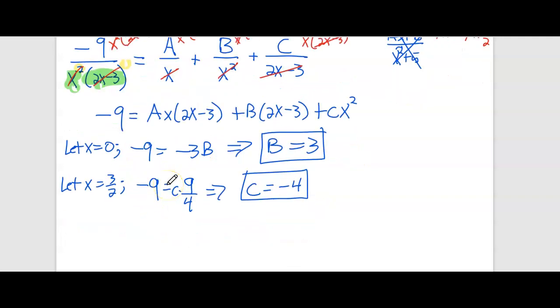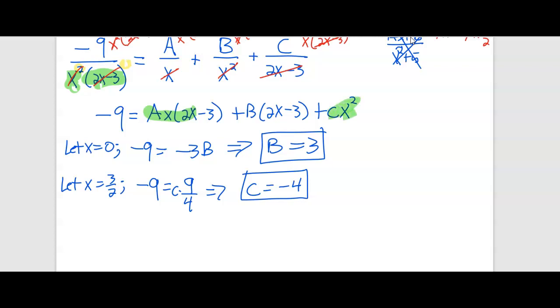There's a couple of ways to continue. What I prefer to do is to recognize, for example, that a is involved with the x squared, specifically 2a x squared.